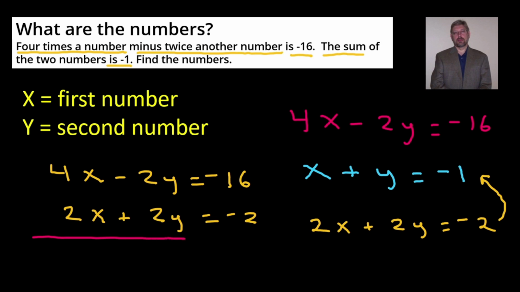And we're just going to add both equations together. 4x plus 2x is just 6x. So I have 6x and negative 2y plus 2y, those cancel. And negative 16 plus a negative 2 is just minus 18.